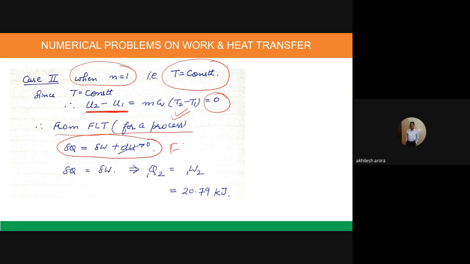This is the FLT for a process, and dU is equal to 0. So delta Q will be equal to delta W. And W1 to 2 we have already calculated for the constant temperature process, and the value was equal to 20.79. So the value of heat transfer will also be the same in case of a constant temperature process.